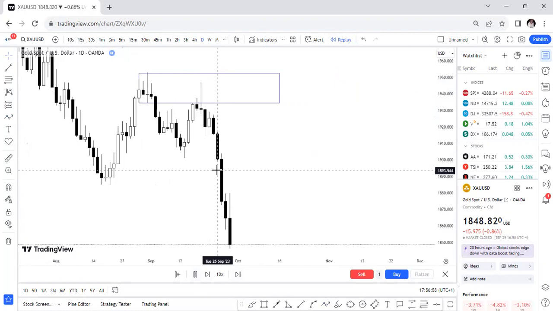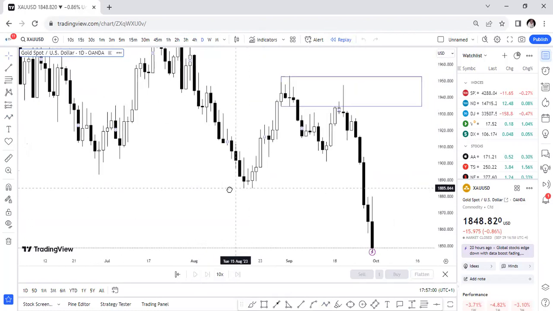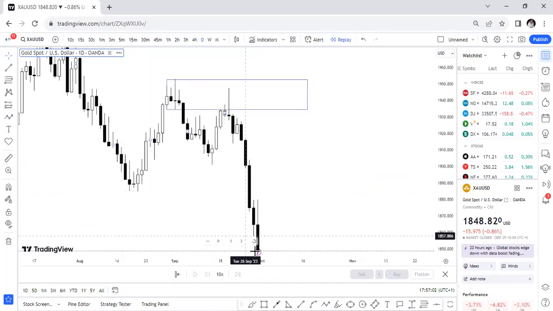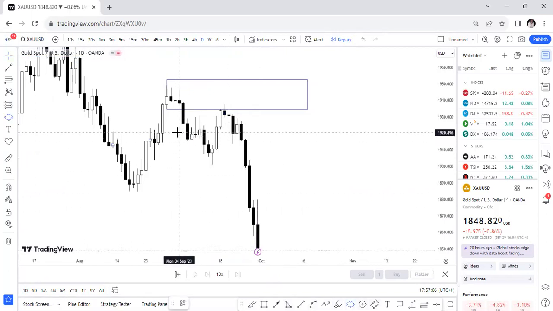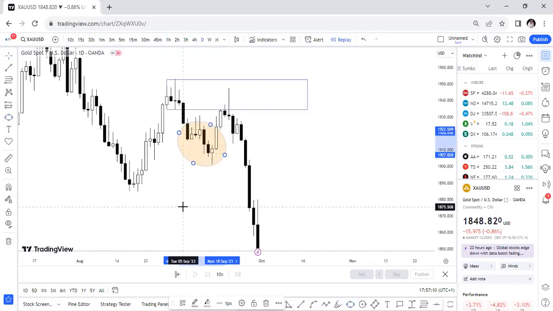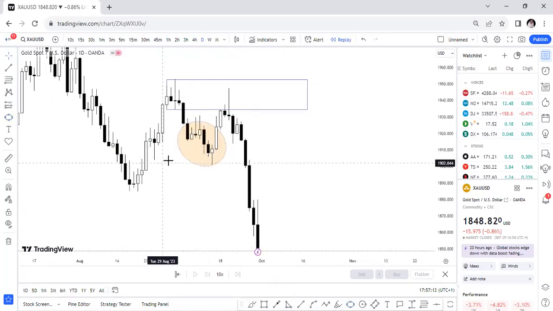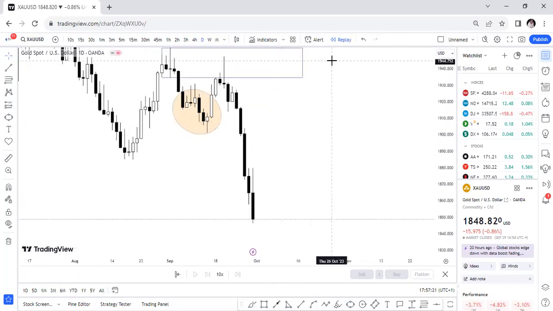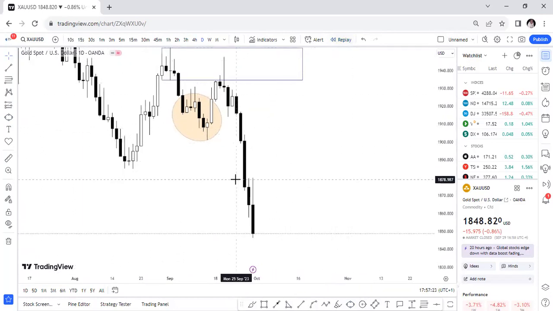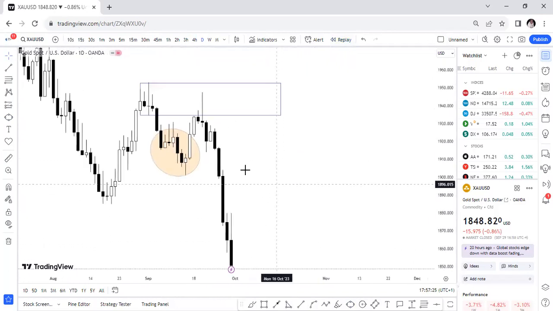So now we take it forward. You can see the range. Oh, sorry, it has taken it. So this is the range. And price moves higher, up into the zone to create a new range within the zone.